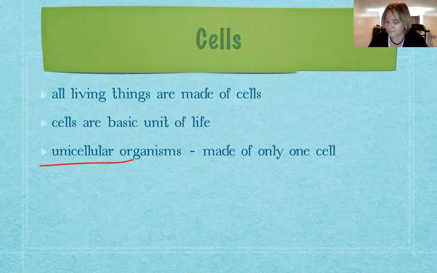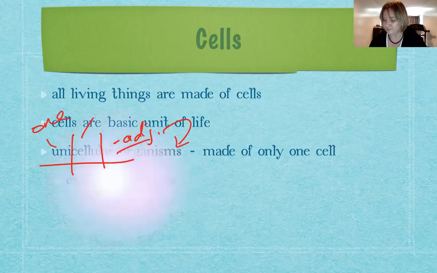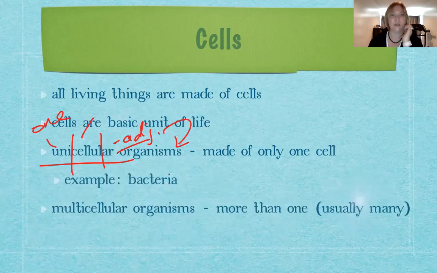So you've got cell R, which makes it an adjective. This obviously means cells, and uni means one. So it's an adjective describing the word organism being made of only one cell. An example of a unicellular organism is bacteria.